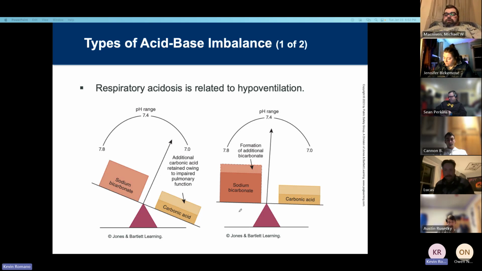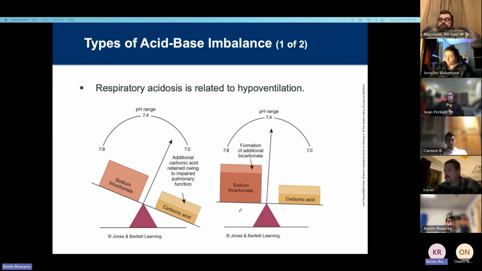Some causes include airway obstruction, cardiac arrest, overdose of a CNS suppressant drug like heroin, so opiates, submersion, respiratory arrest, pulmonary edema, closed head injury, and chest trauma. Those are going to be your respiratory acidosis causes.